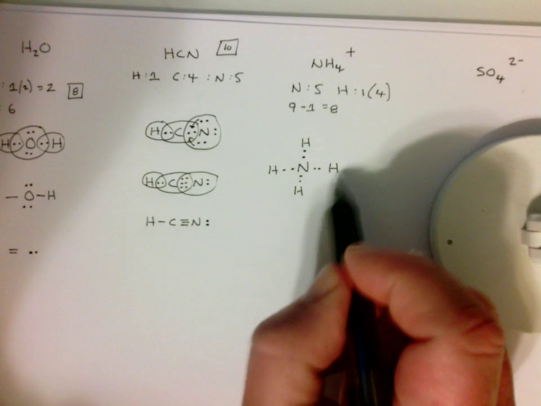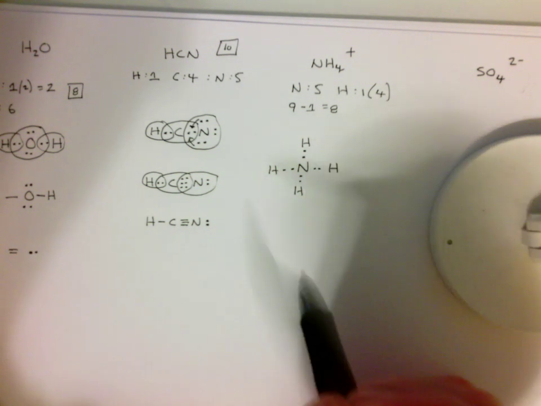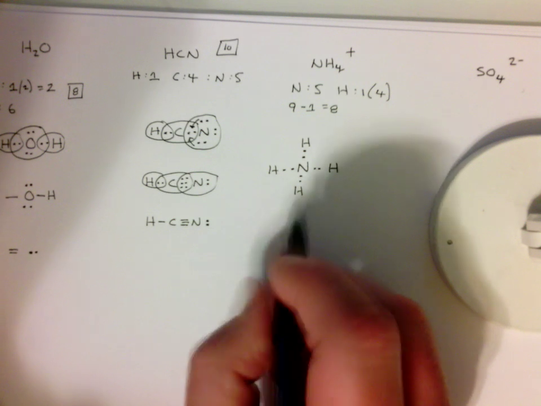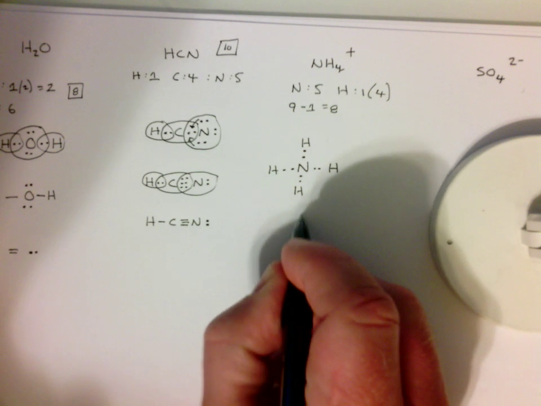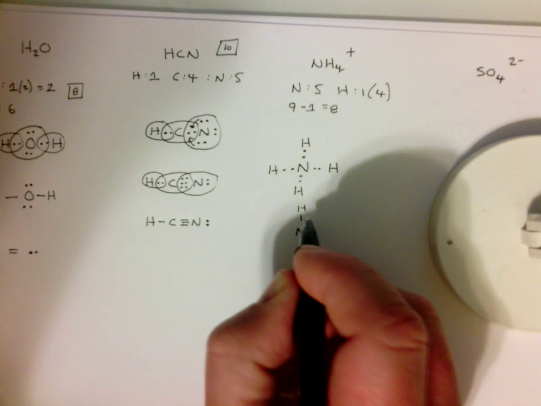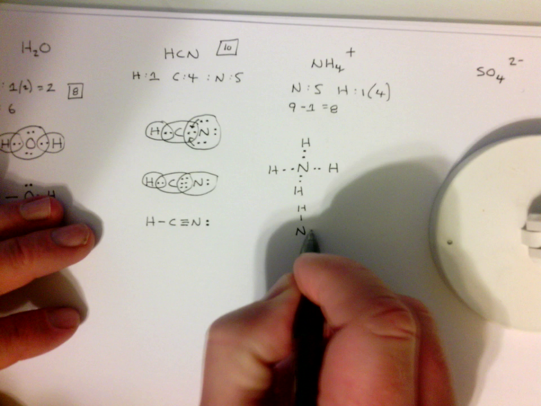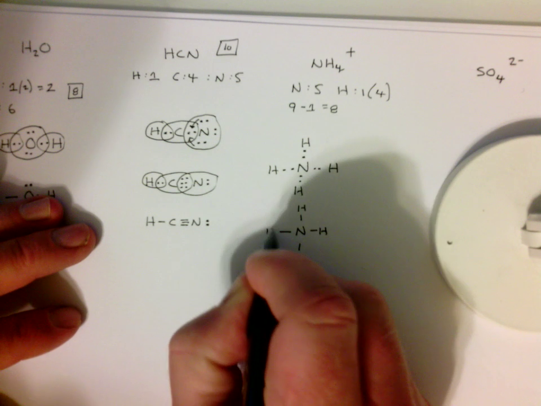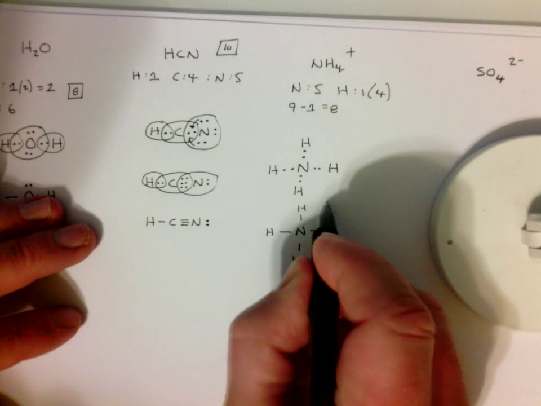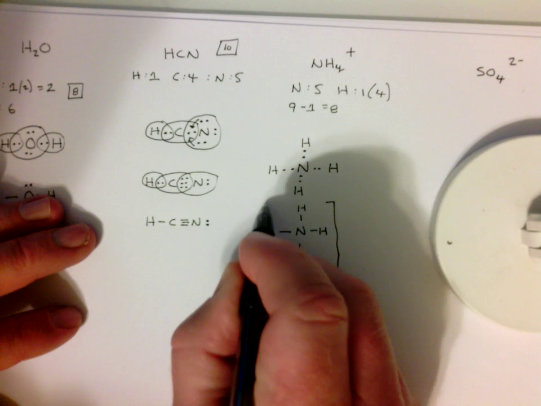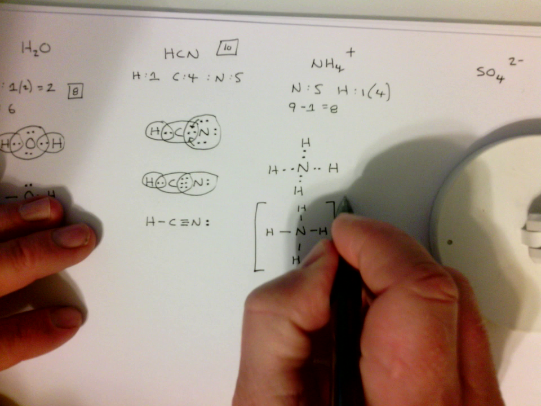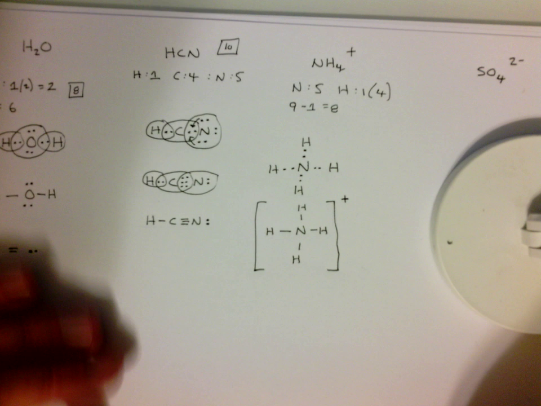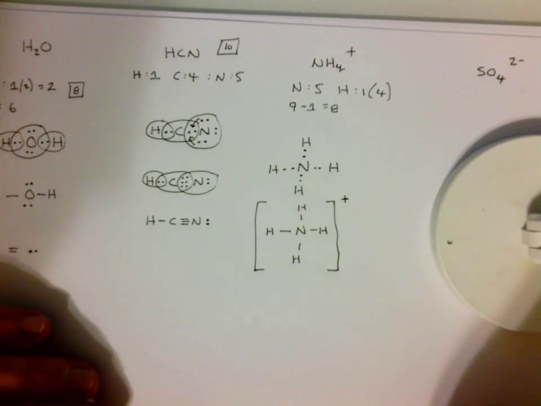Hydrogen is again satisfied with its 2, completing its octet. A better way to write this is probably with our single bonds: N single bonded to H 4 times. And then we're going to put this entire thing in brackets with a +1 overall charge. So it's a different notation style when you're building your Lewis structures.